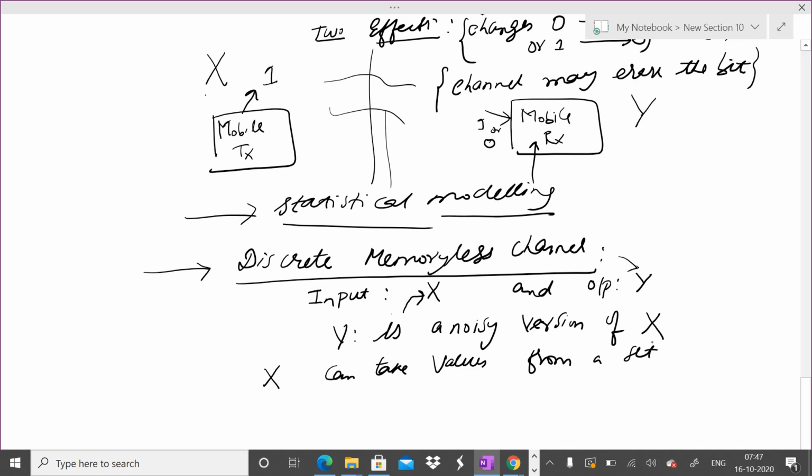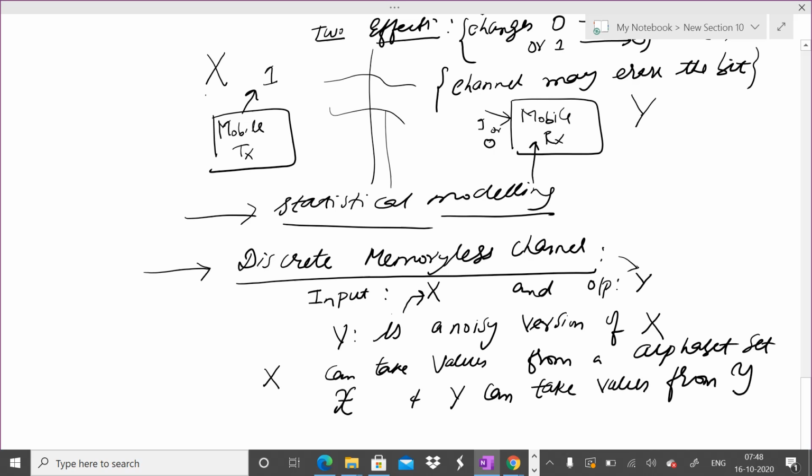Again, it's just like an alphabet set, or I can say alphabet set script x, and y can take values from script y.